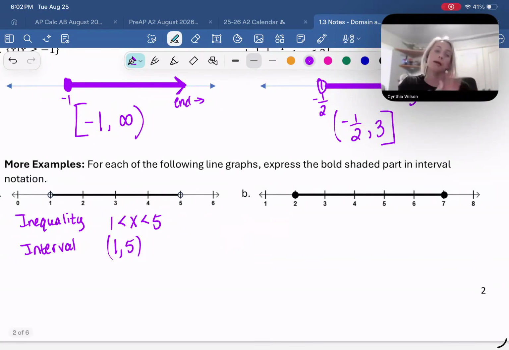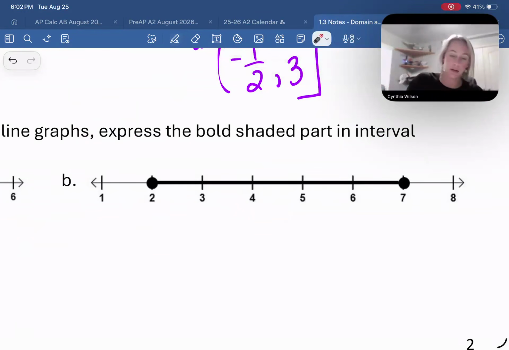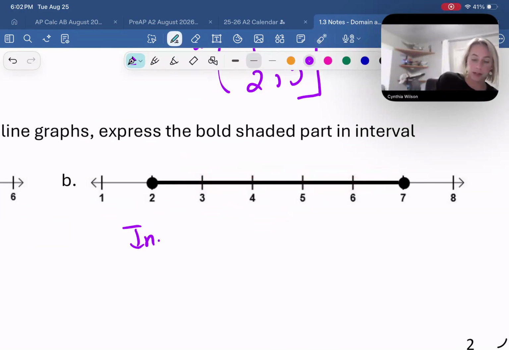All right, example B, same exact idea. I can see I have a segment. I am starting at 2, ending at 7, which means x has to be somewhere in the middle. So our inequality notation: start with your x, less than symbols on either side.